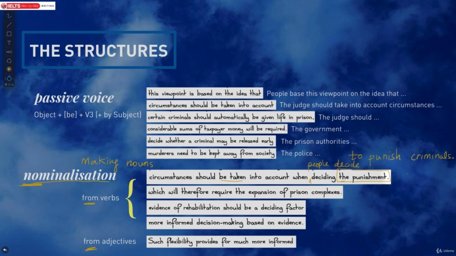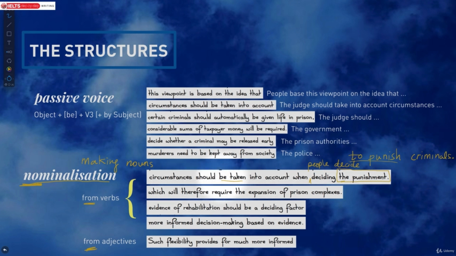Now that's perfectly acceptable English, but it's not very academic, and it doesn't sound very academic if I use this verb, especially if it's in the active voice. So if we just finished talking about passive voice, why don't we do it now?